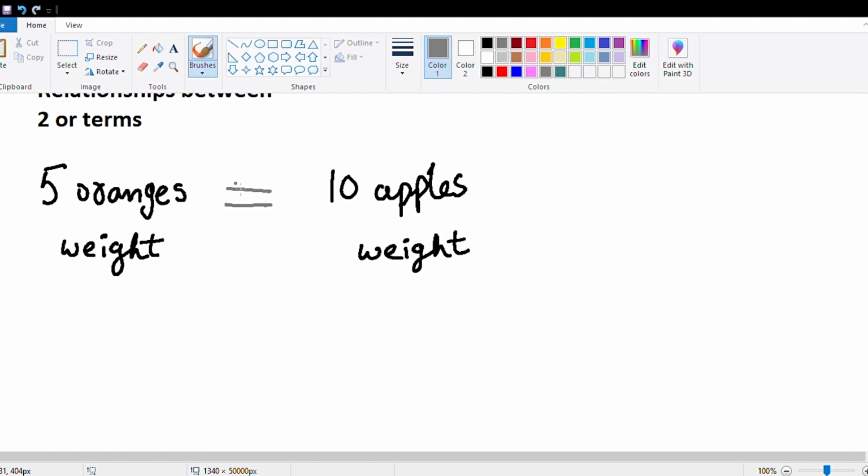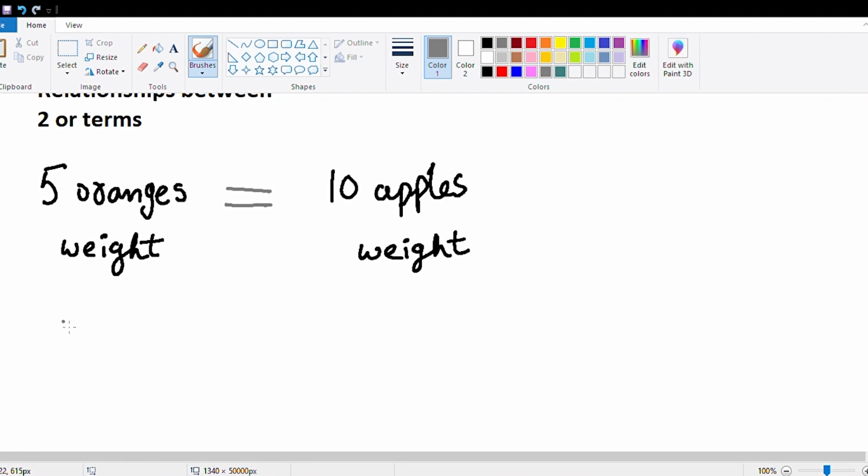Why? Because there's an equal sign, and the equal sign is relating these two quantities, 5 oranges and 10 apples, in the sense that their weight is equal. So that's the relationship, and that's one example of an equation.